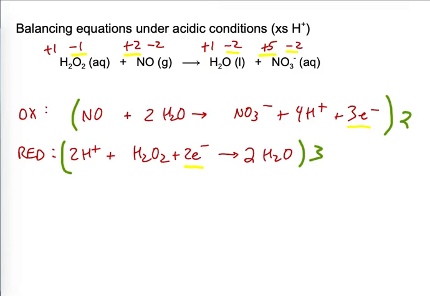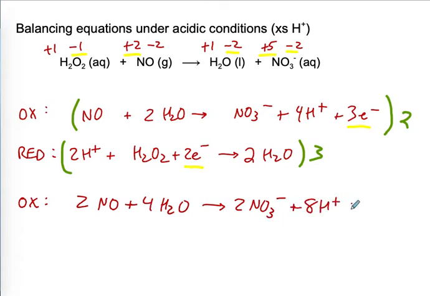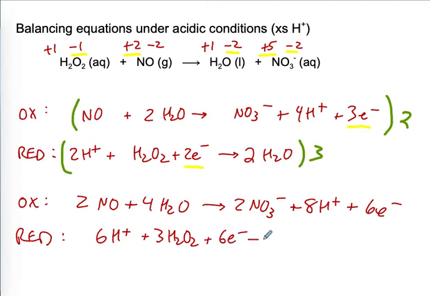So that gives me now, for my modified oxidation half reaction, 2NO plus 4H2O reacting to form 2 nitrates plus 8 hydrogen ions plus 6 electrons. And for my modified reduction half reaction, in which I've multiplied the coefficients by 3, that gives me 6 hydrogen ions plus 3 hydrogen peroxide molecules plus 6 electrons, forming 6 water molecules.